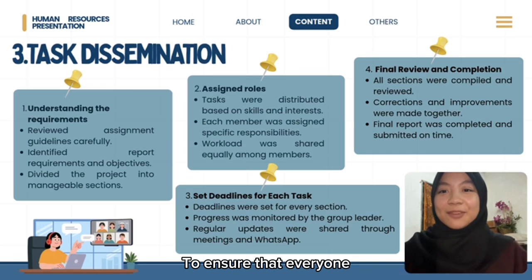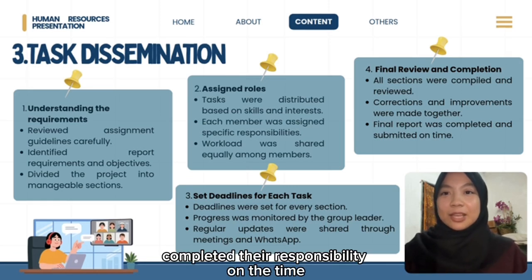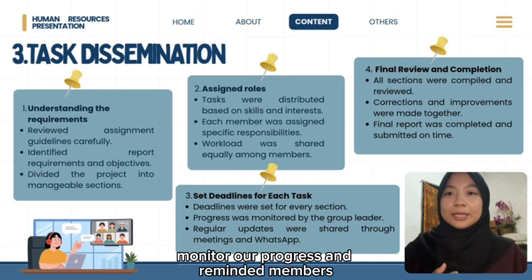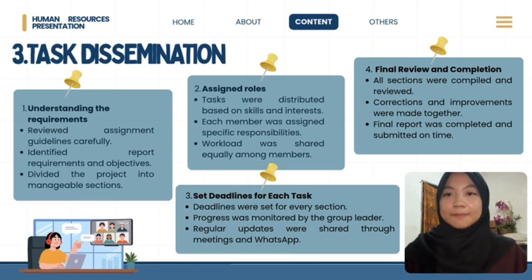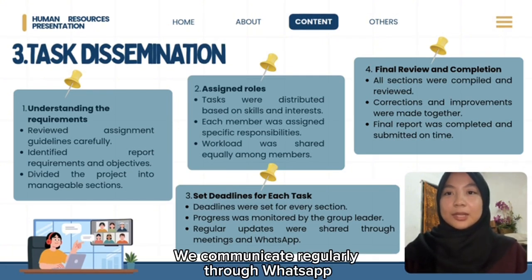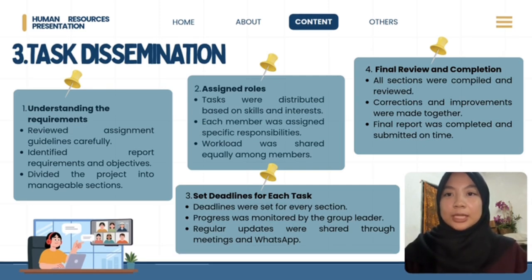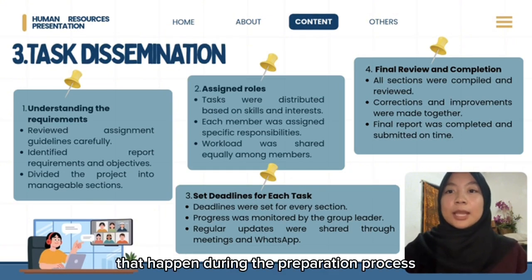To ensure that everyone completed their responsibilities on time, I, as group leader, monitored our progress and reminded members about the deadlines. We communicated regularly through WhatsApp and face-to-face group discussions to discuss updates, share information, and solve any problems that happened during the preparation process.